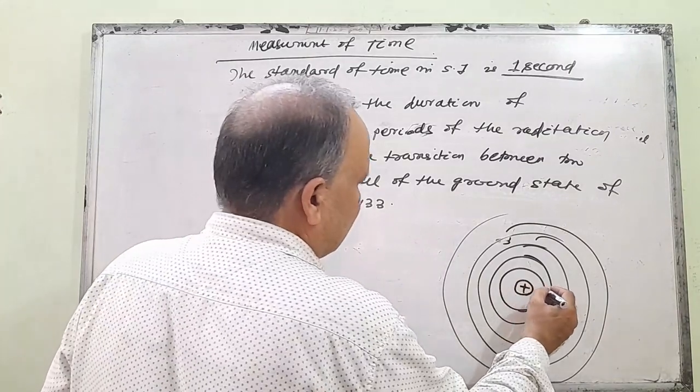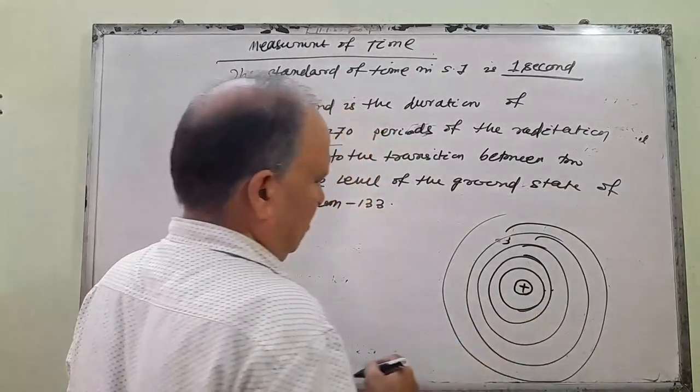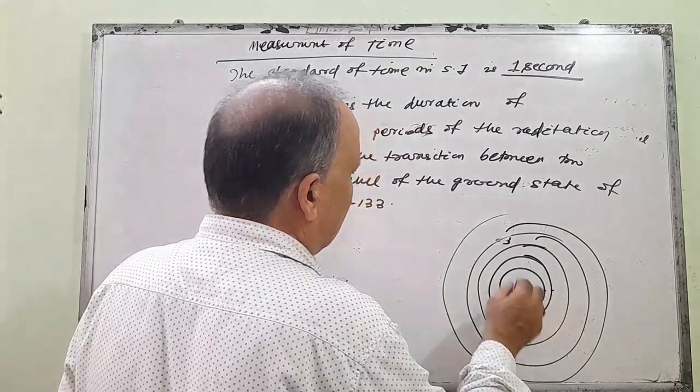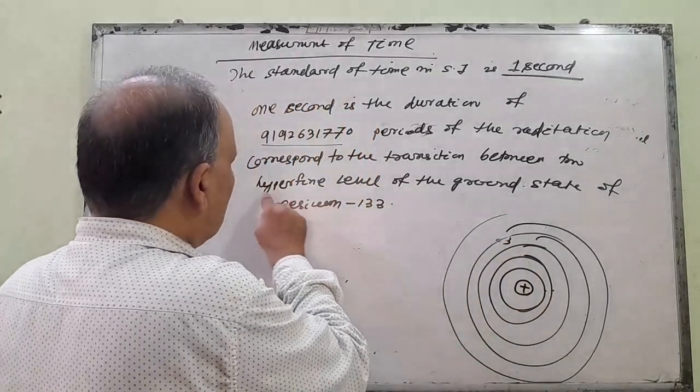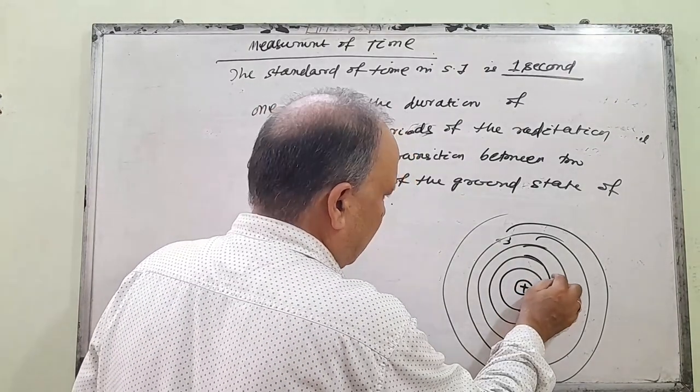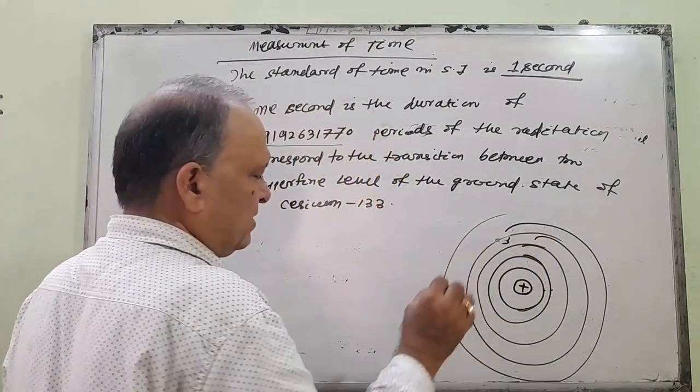when there is electron transition, some time is taken for the electron to transfer between two hyperfine levels, suppose from this level to this level or from this level to this level, like this.